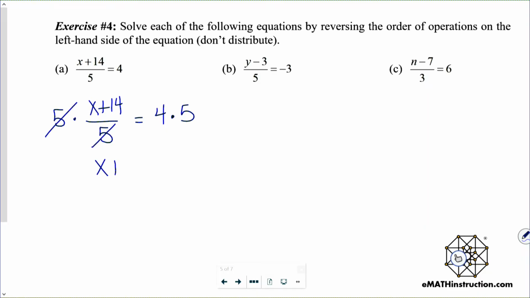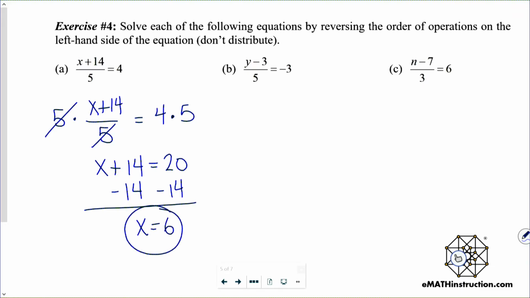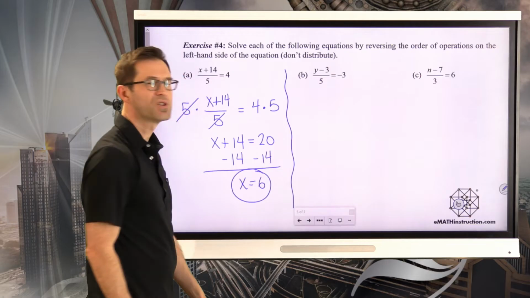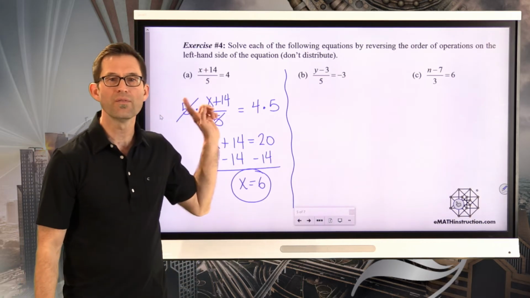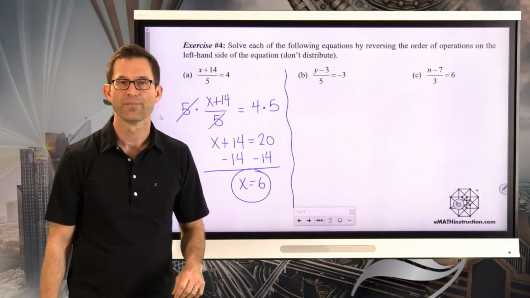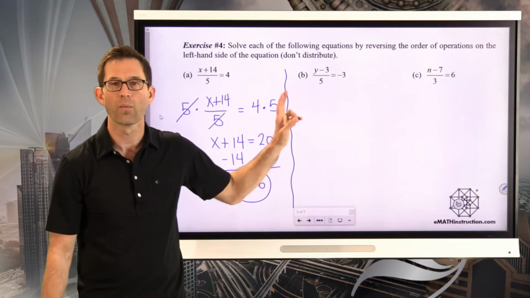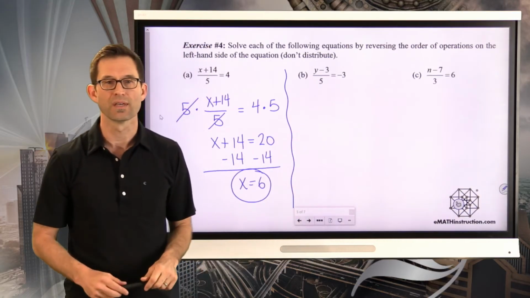I'm left with x plus 14 is equal to 20. I subtract 14 from both sides, and I get x is equal to 6. So easy. We undo the division, then we undo that addition. I'd like you to pause the video now and work through letter B and letter C.